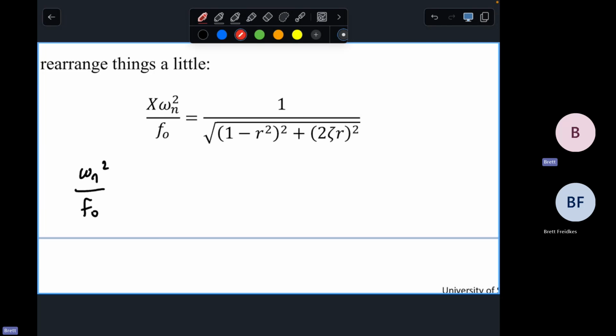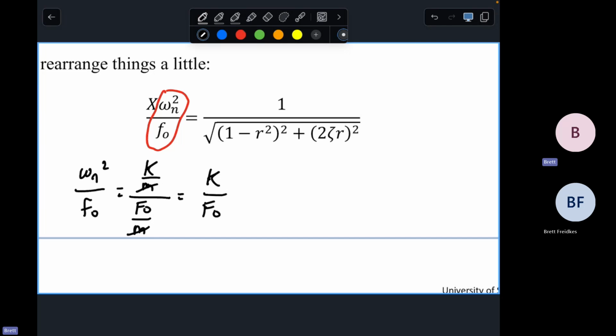I'm just going to look at this guy. What's omega n squared? K over M. What's F naught? Big F over M. Those cancel. This is K over F naught.